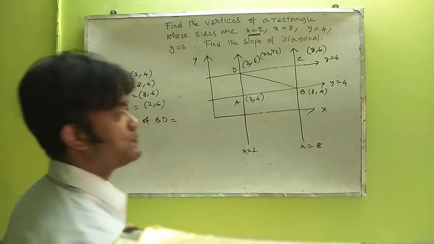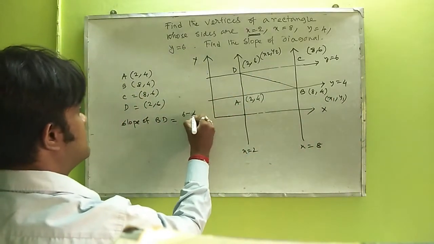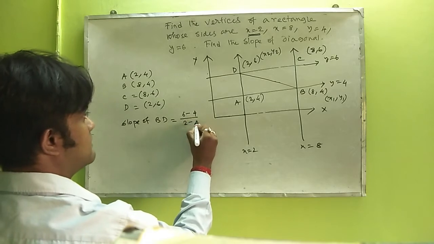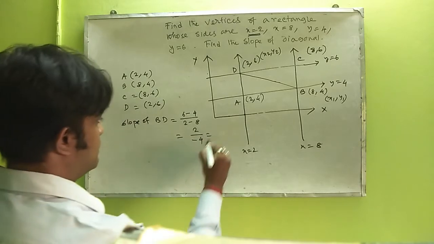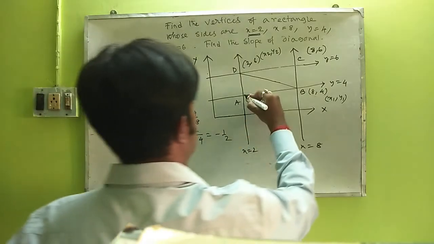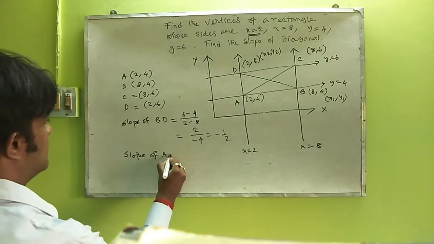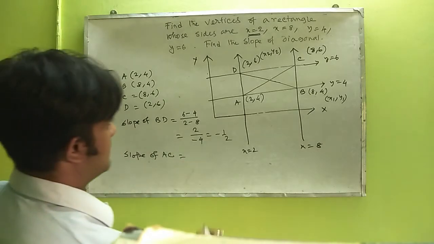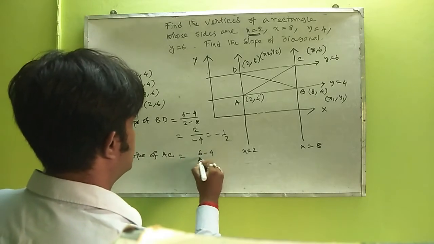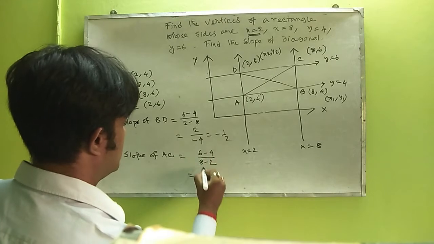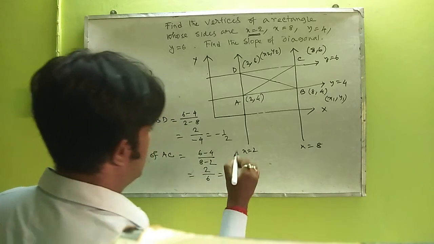Suppose this is x2 y2, this is x1 y1, so y2 minus y1, 6 minus 4, by 2 minus 8, that is 2 by minus 6, that is minus 1 by 3. And slope of AC, which will be 6 minus 4 by 8 minus 2, that will be 1 by 3.